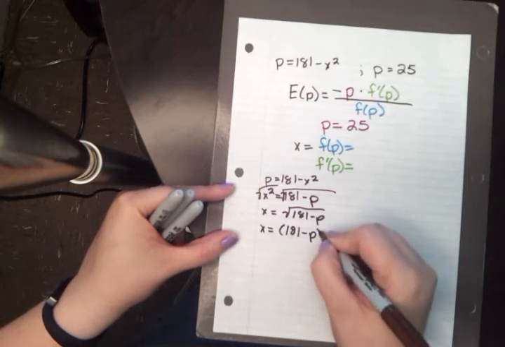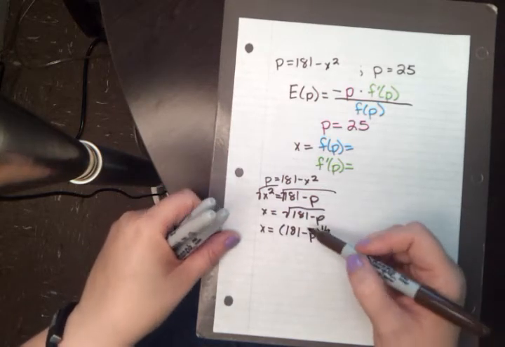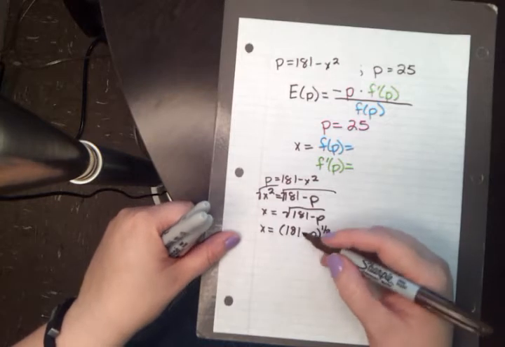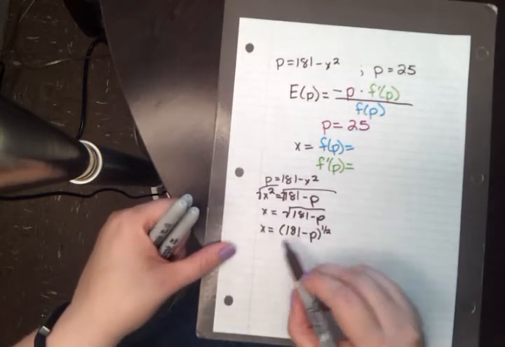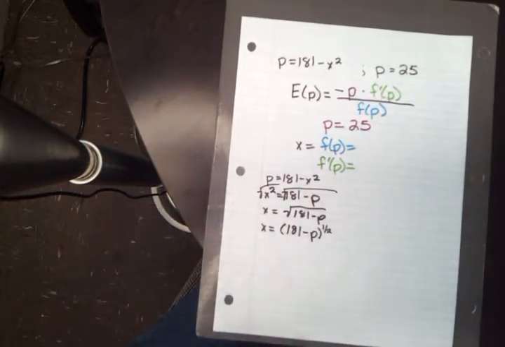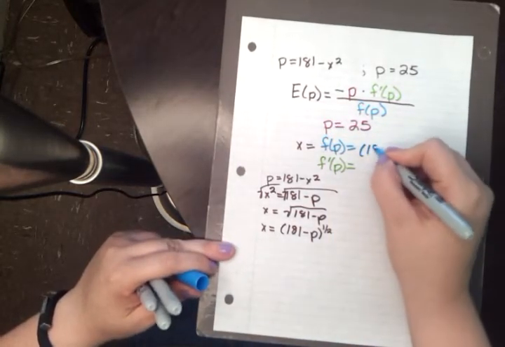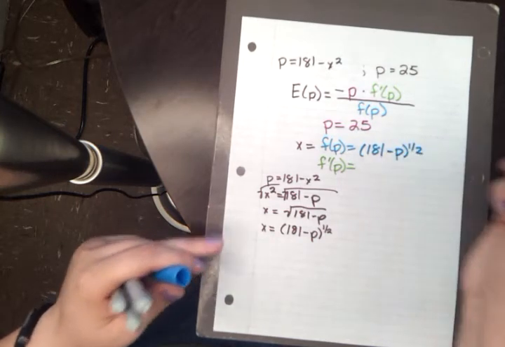So that's going to be 181 minus P to the 1/2 power, because taking the square root of something is the same as raising that thing to the 1/2 power. Okay, I've got it. I have F of P. So I'm going to go ahead and fill that in because I found X, and I told you X equals F of P. So this is 181 minus P to the 1/2 power.